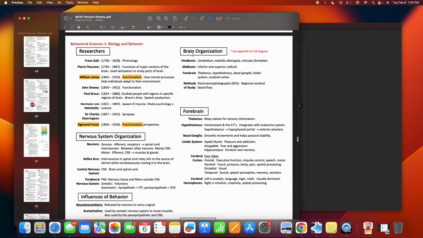Our brain organization, we have it in the appendix, the full representation of the brain and its function for each region. The hindbrain is the cerebellum, medulla oblongata, and the reticular formation. The midbrain is the inferior and superior colliculi.